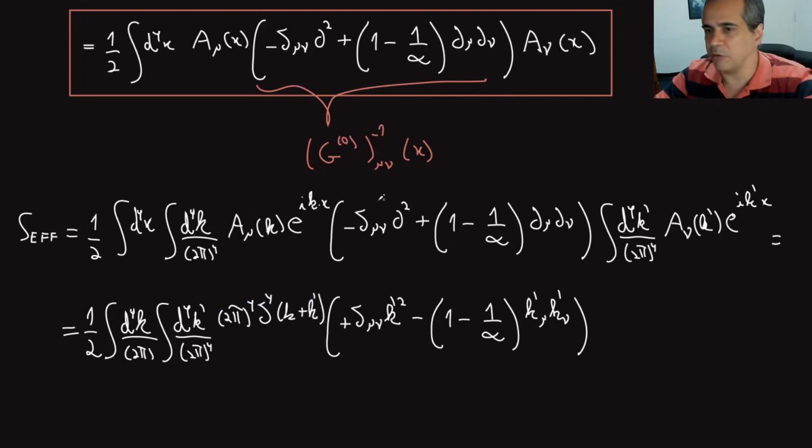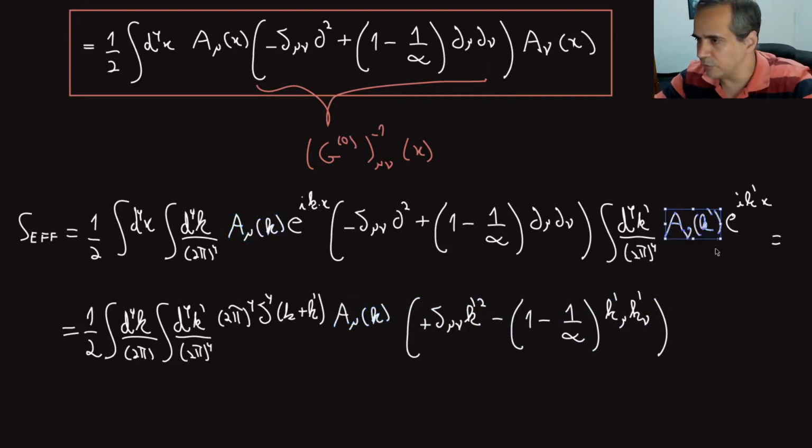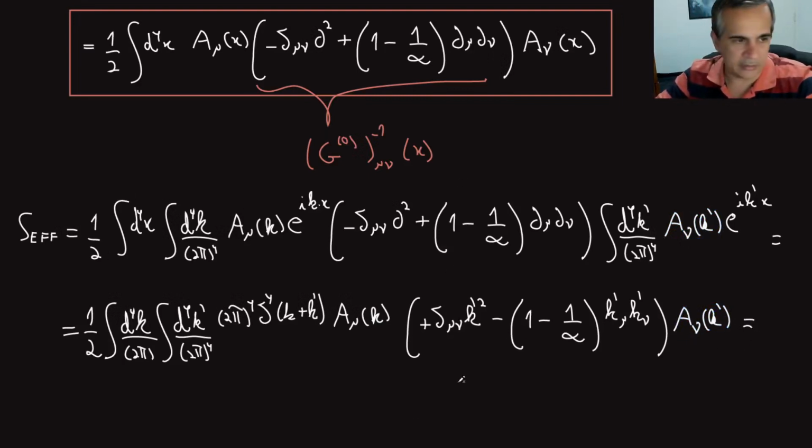So I can do the integral in x using the exponentials. Let me make a little bit more space here because the only two things missing are the field here and this field that goes here, right? So that's what I get. I already got rid of the integral in x.